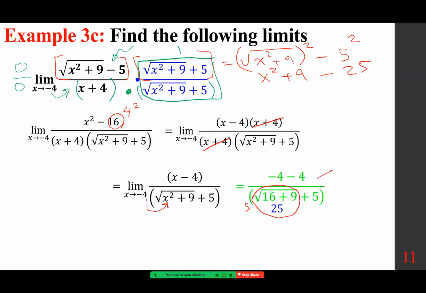So this thing is -8 over 10, which simplifies to -4 over 5. A fraction must always be put into its lowest terms, always.